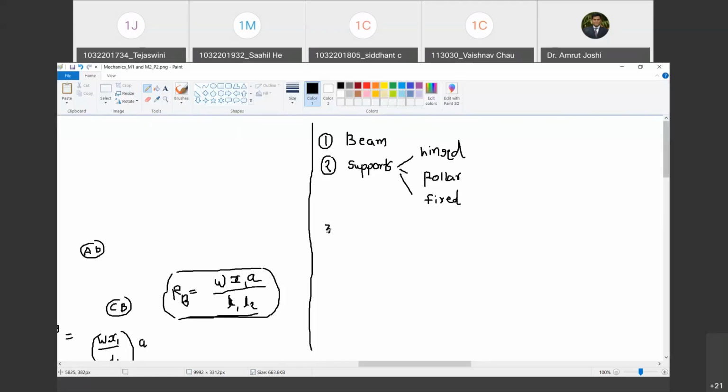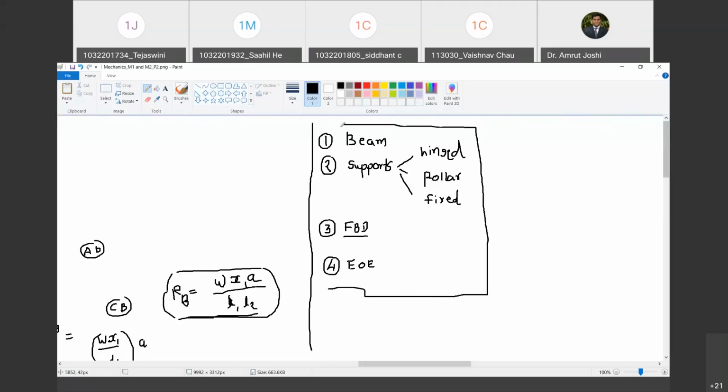And third thing, free body diagram. I am not going to spell out its definition once again in the class. And then the fourth thing is equations of equilibrium. Are you with me? These four things, we will directly borrow from this class into the theory.